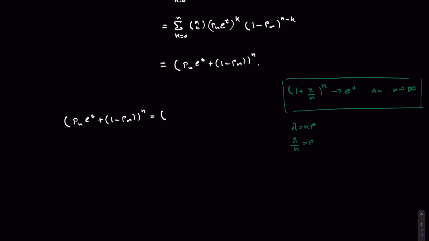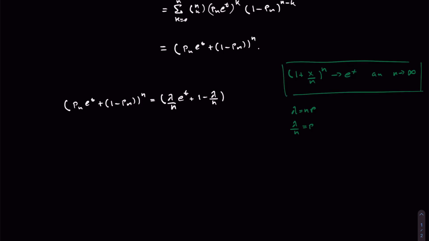We get e to the t times lambda over n, plus 1 minus lambda over n, all to the n. The whole point now is to get this into the format of the limit term. We have a 1, which seems good, and then we have minus lambda over n, which resembles this. We also have an n here.